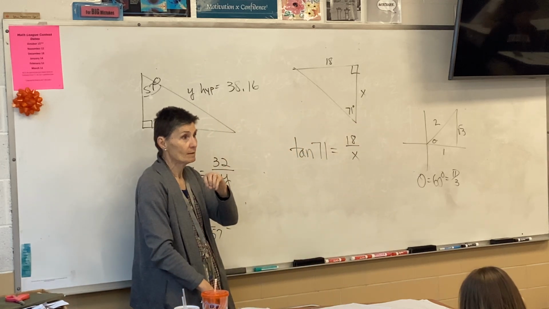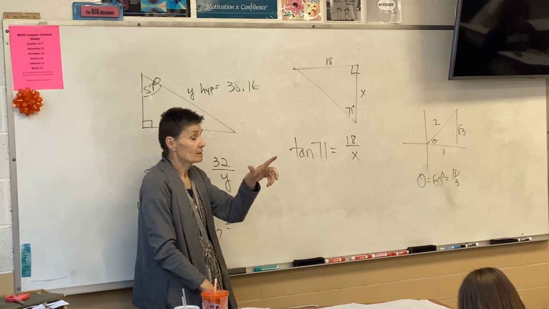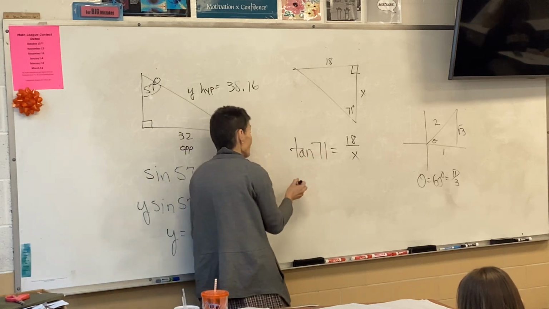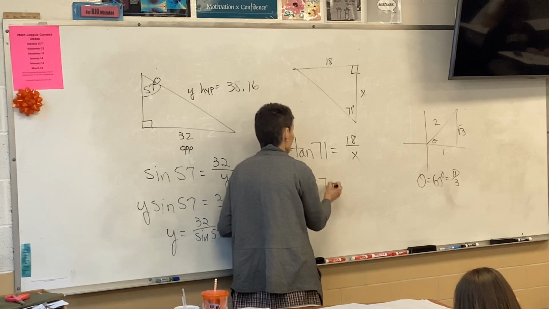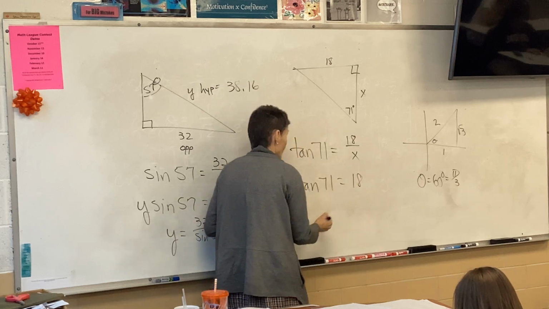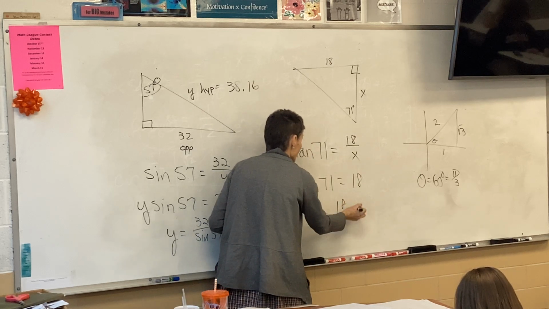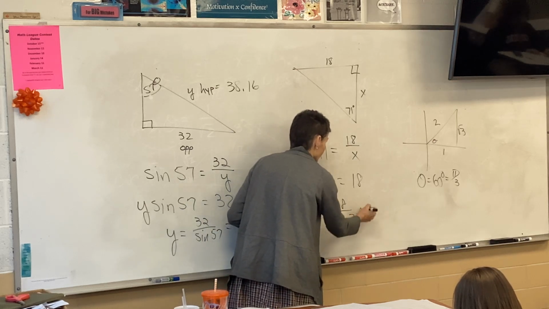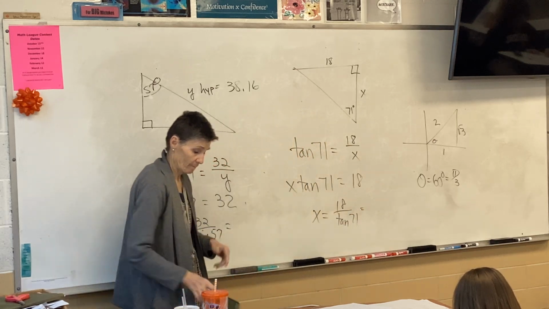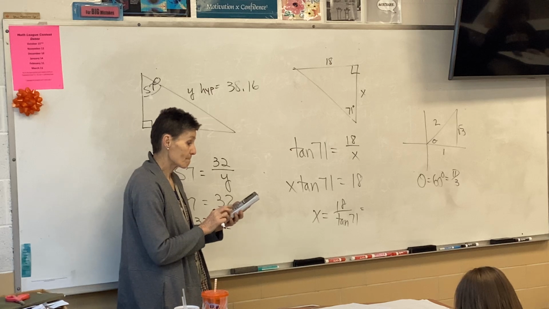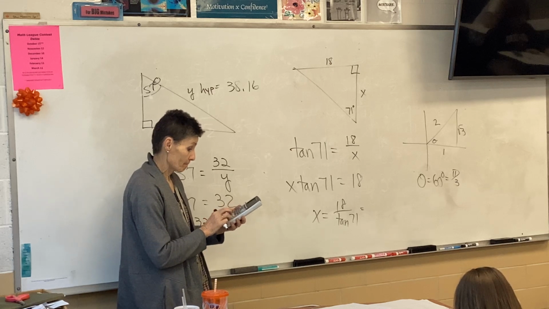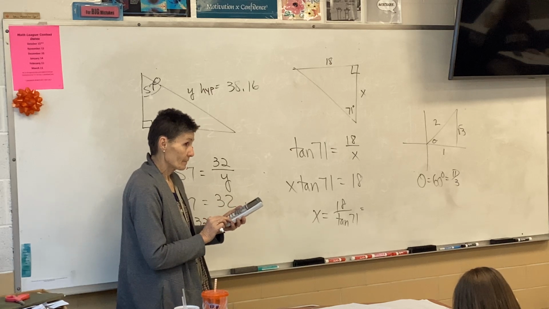Now we have to solve it. So we're gonna multiply by x, and we're gonna divide by tan 71. Can we just automatically move the x underneath the 18?